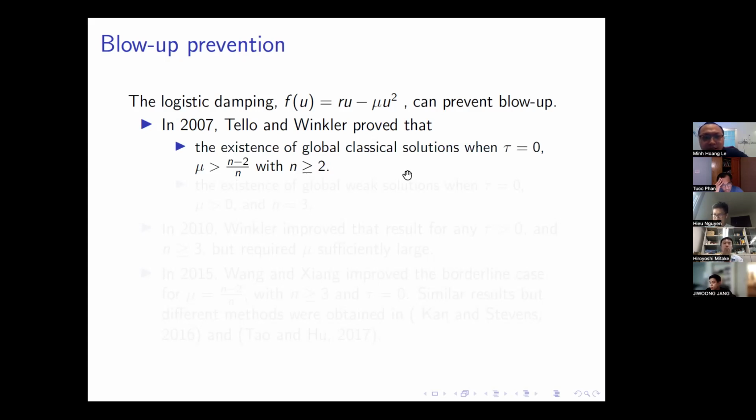So the solution is global when mu is sufficiently large. And then they also construct the weak solutions in chemotaxis, and they show that the weak solution exists globally when mu is bigger than 0 for n equal to 3.